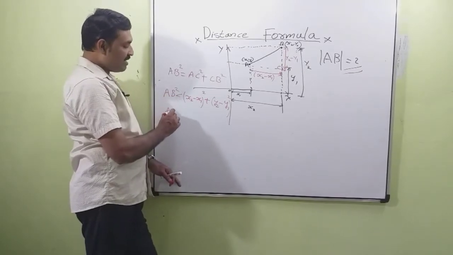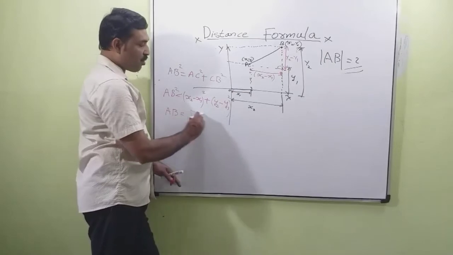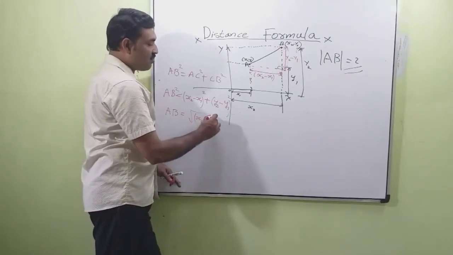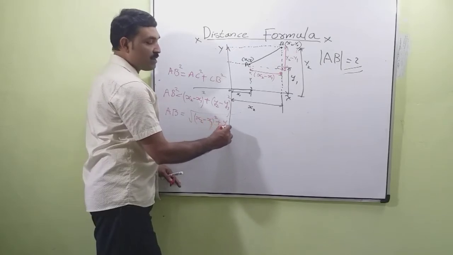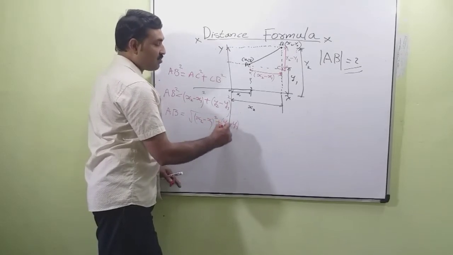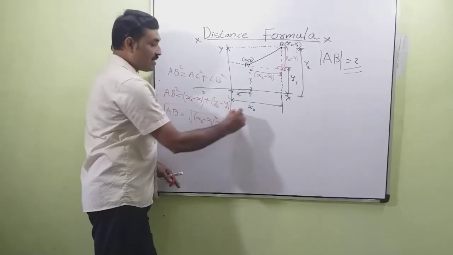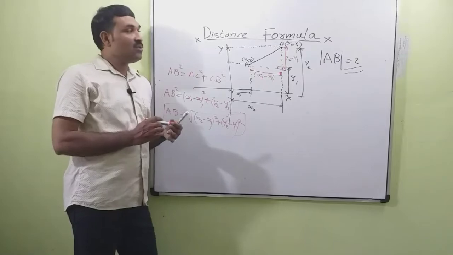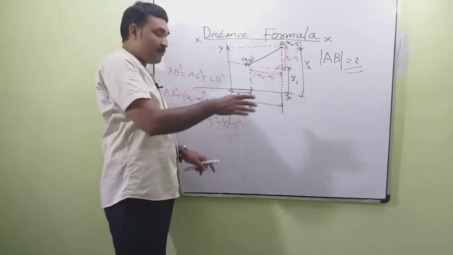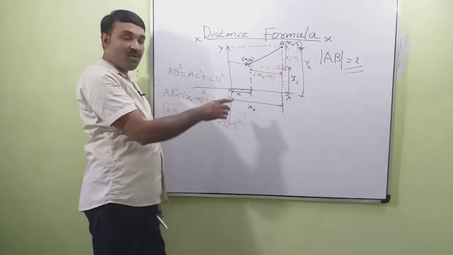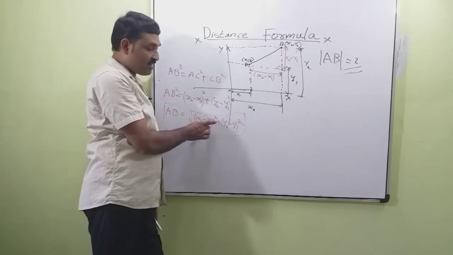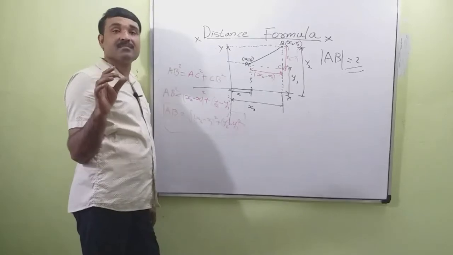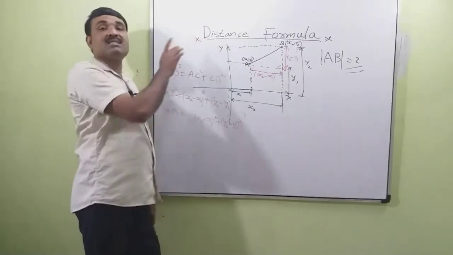Now AB is equal to square root of x2 minus x1 the whole square plus y2 minus y1 the whole square. This is our distance formula. So distance between any 2 points is equal to square root of the square of x difference plus the square of y difference. So this is a proof for distance formula.